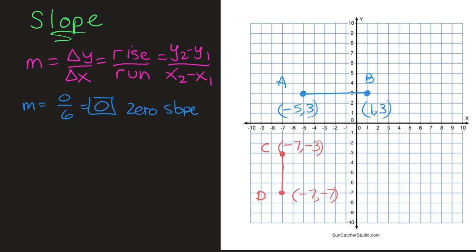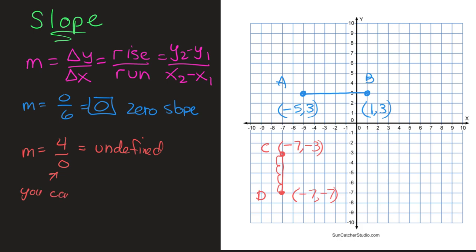Okay, then the slope for that one is, well, the rise, I have to go up 1, 2, 3, 4. So I go up 4, but to the right, I'm not going over at all. So this is known as undefined. You cannot divide by 0.